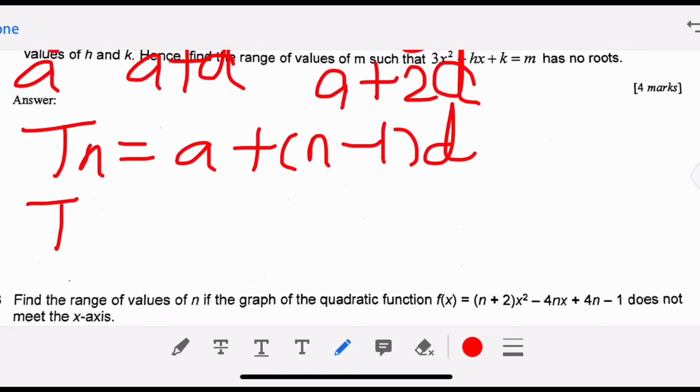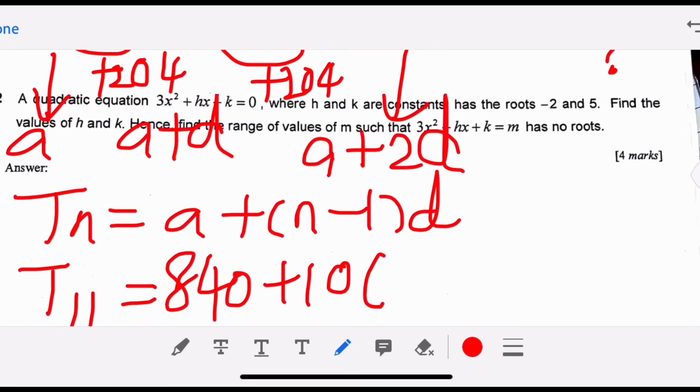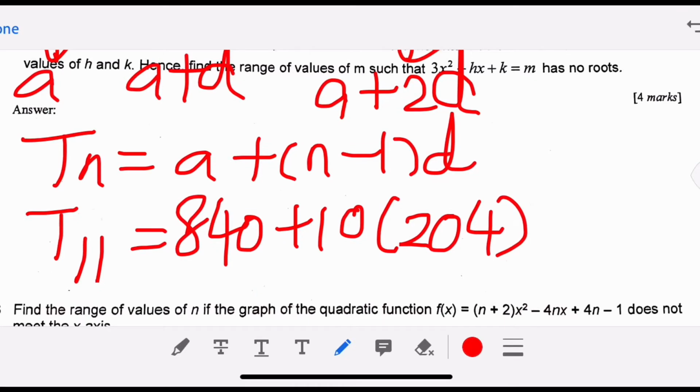After I count, I got 11. So A is 840 plus 10, because 11 minus 1, and D is 204.